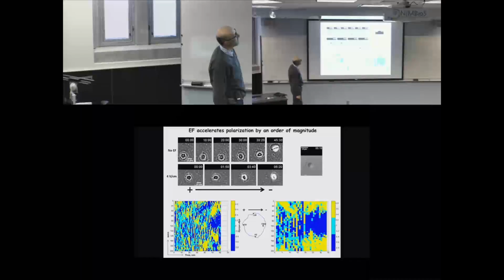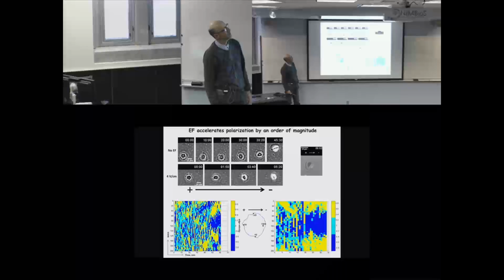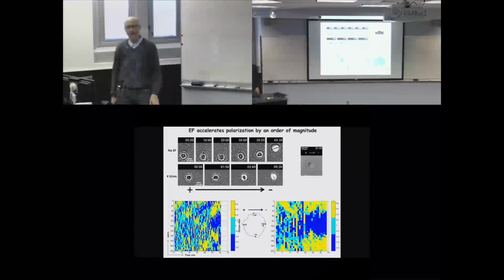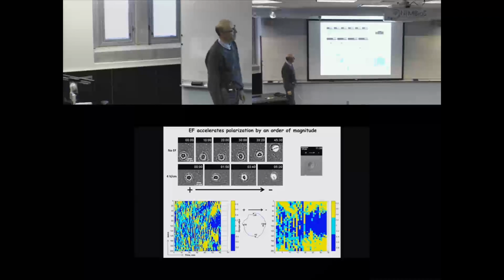The difference is that spontaneously it takes tens of minutes for the cell to start moving. And I didn't mention, one of the things that the model predicts is these few tens of minutes which are required for self-polarization. The big difference with electric field is it takes only a few minutes for the cell to polarize and start moving.